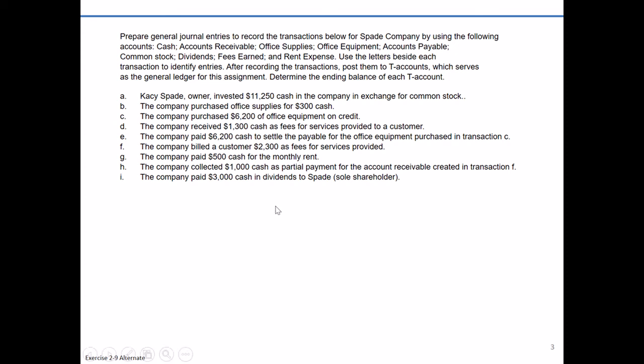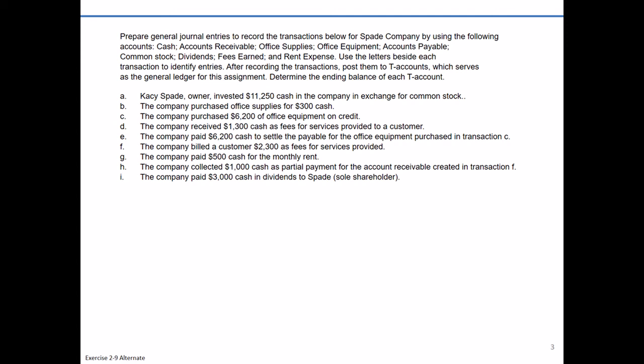Before we jump into doing our journal entries and also posting to the ledger, I want to step back and just say, if we're a real world company, we'd have to analyze the different events and transactions that are happening in a business by looking at the different source documents related to them. And when I say source documents, it might be things like invoices, checks, time cards, shipping documents, bank statements.